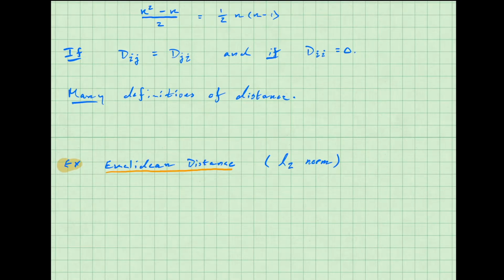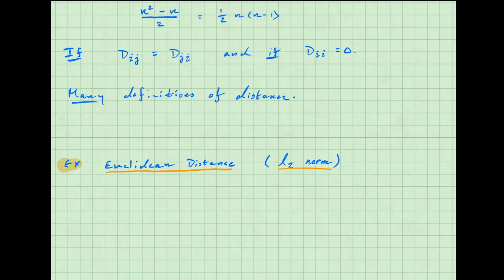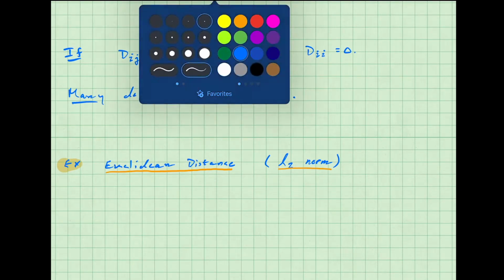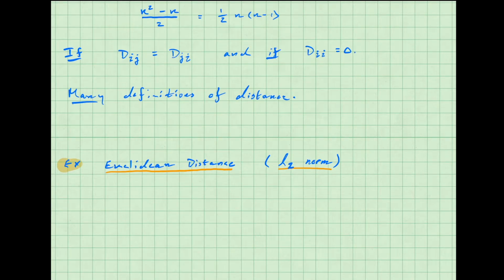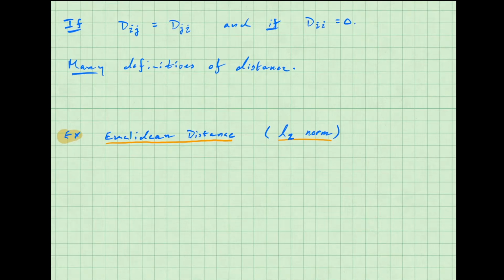And this one is the one you kind of learn as a child. It's also in the notes. I think it's called the Pythagorean distance because you find it using the Pythagorean formula.